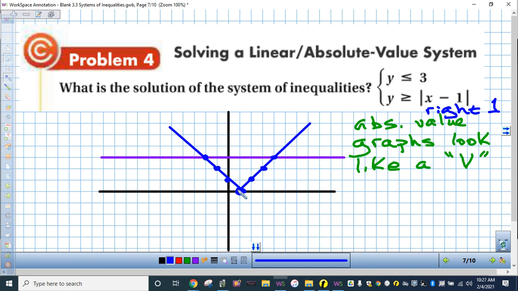If we think about graphing this, it's below the horizontal line and above the V, so it's this little triangle in the middle. I'm going to show you how to graph that on your graphing calculator as well, but I'll give you a sec to break this graph down.